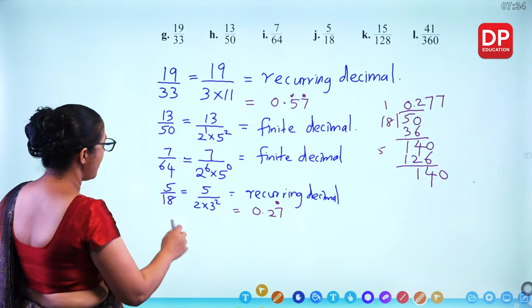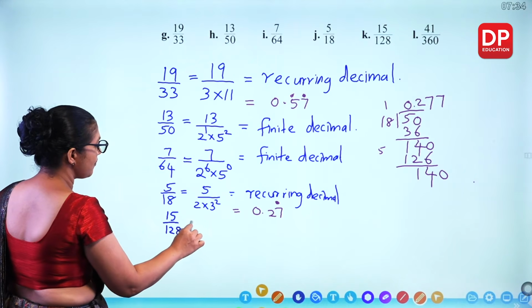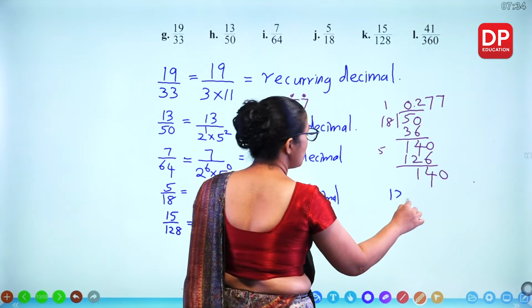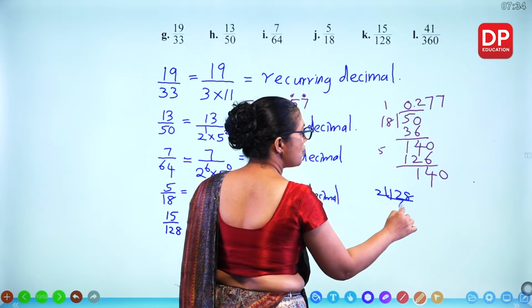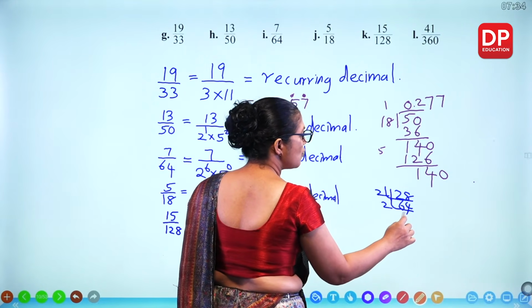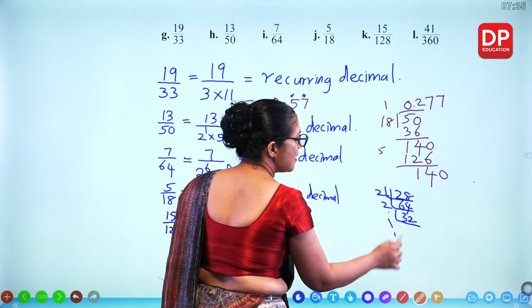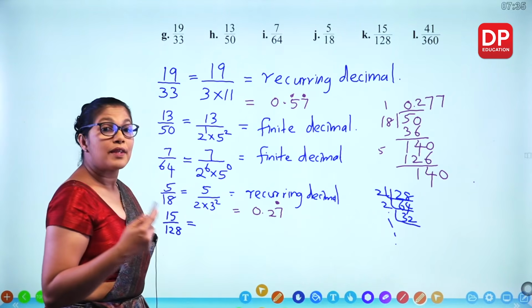15 over 128. 128 can we write as 2's and 5's. When you divide by 2, you get 64. Divide by 2, you get 32. This is repeating all 2's.